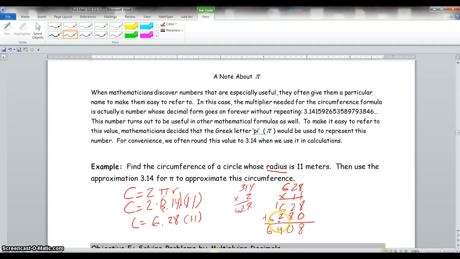And we'll bring down our 6. Now again, we only had 2 digits behind the decimal. So our final answer here would be the circumference is equal to 69.08. And remember, we started off with meters, so we'll end it with our unit of measure. And that's it for that problem.